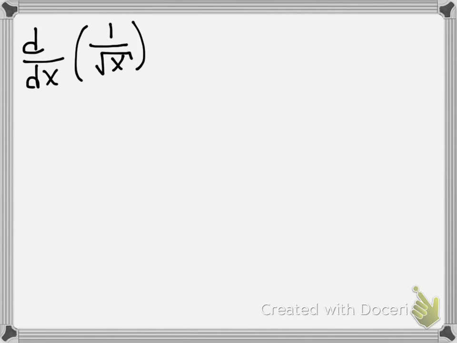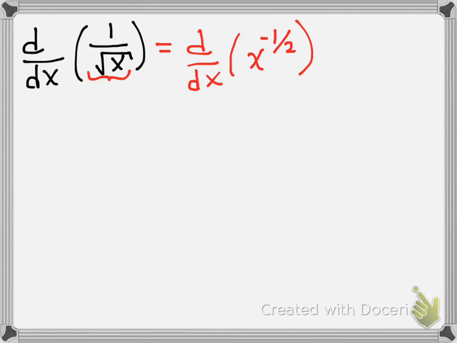Okay. Now our last one, let's take the derivative of 1 over the square root of x. Now remember, this is a power rule because we can rewrite this function that we're taking the derivative of as x to a power. Pause it, make sure that you can do that right now. So now I'm going to do it. I'm going to rewrite this as the derivative of x to the -1/2.